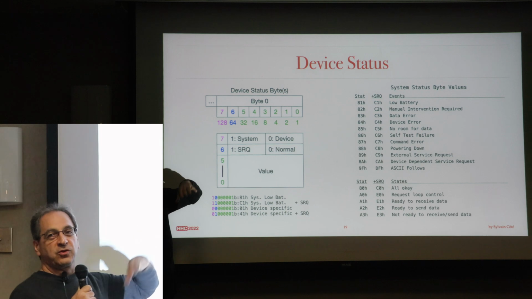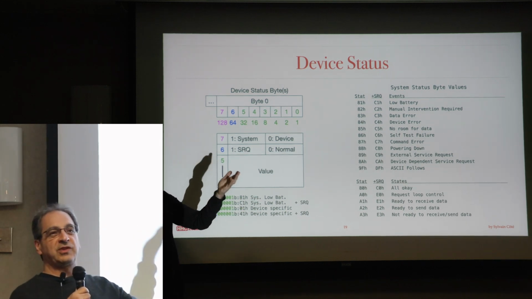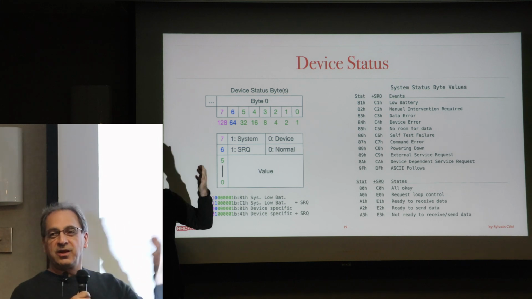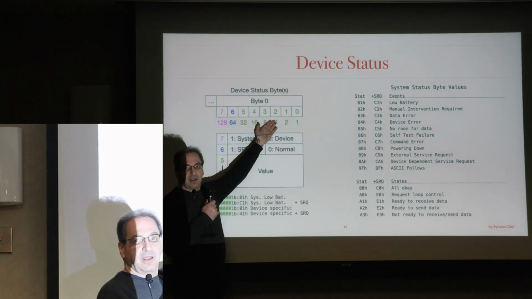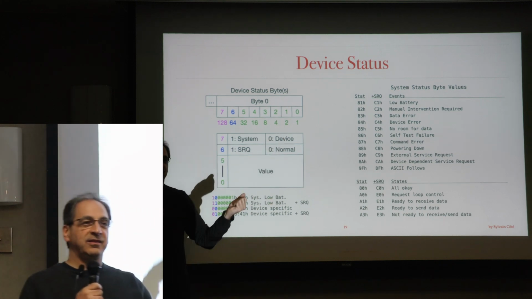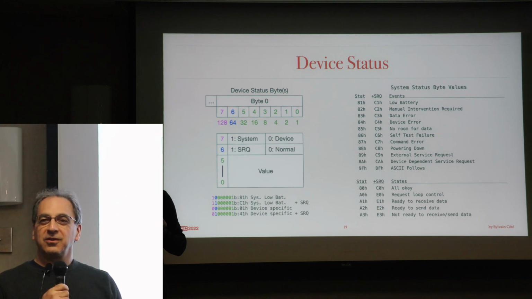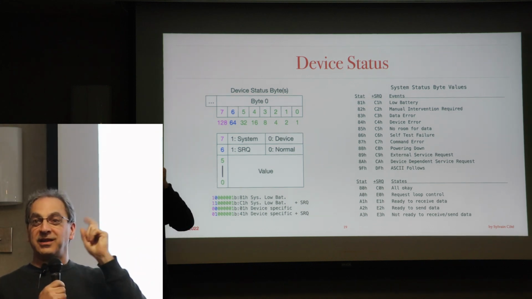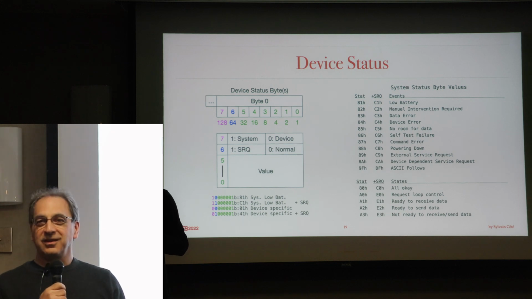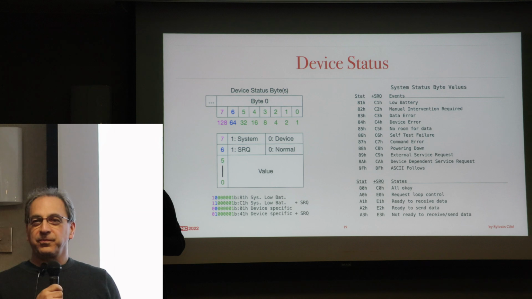So if I want the controller to detect that a device wants to send a message, it's going to set that bit and a value here. And the controller will detect that it needs to be serviced and it's going to fetch the value. So that's a way for the device to warn the controller, I need to send you a message.